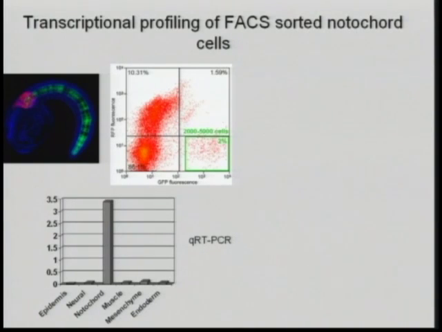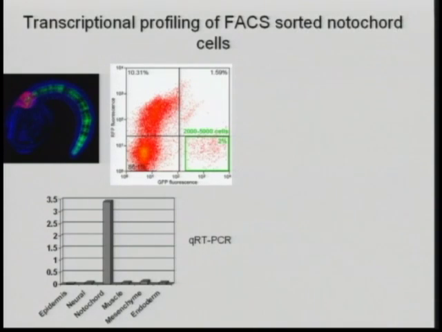This is a Ciona embryo transformed with two constructs: the Notochord-specific GFP reporter you saw in the previous slide, and another counter-selection marker, a mesenchyme driver driving RFP. The reason for having this negative selection is that the Notochord reporter is a little leaky in the mesoderm tissues. So we transform these embryos, dissociate into single cells, and pass through a FACS machine, and these green-only cells are pure Notochord cells.